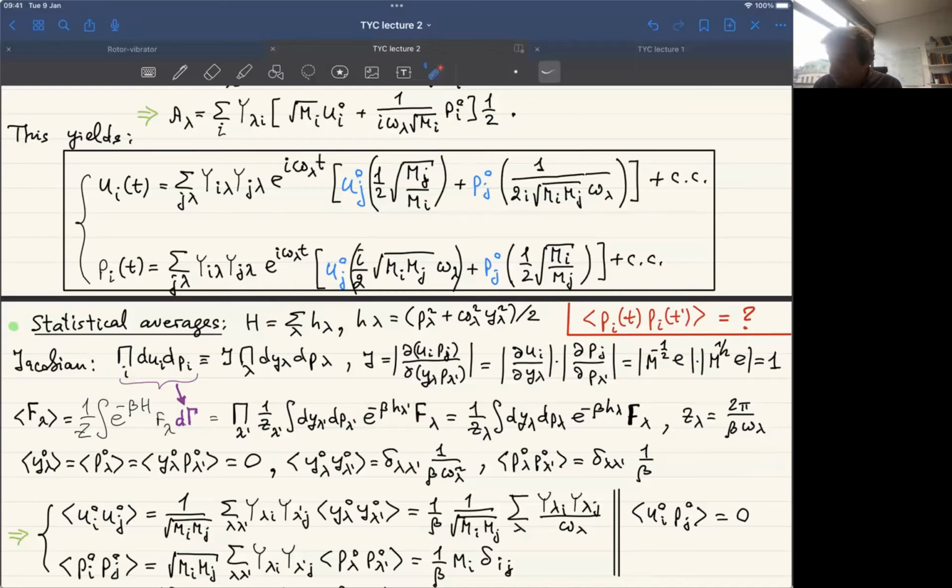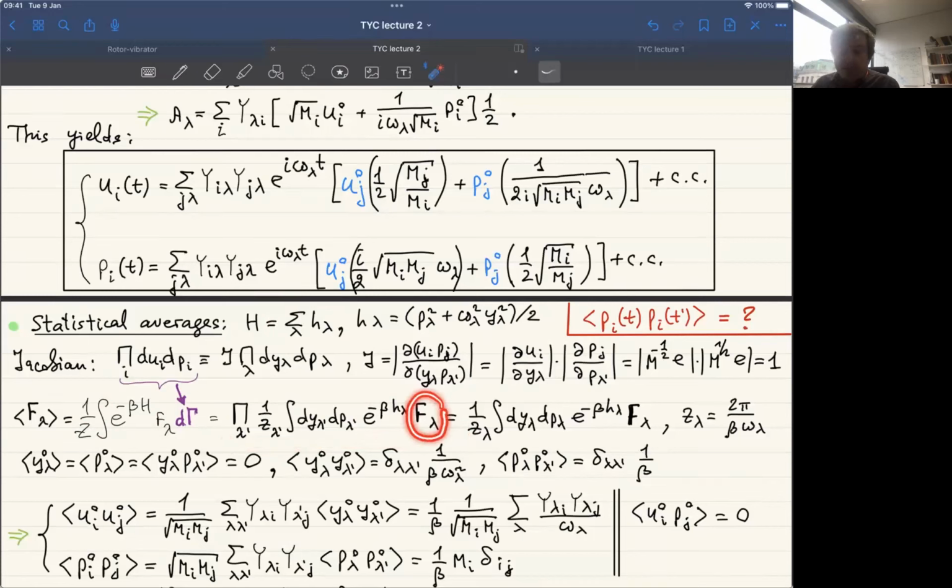The same can be said about the partition function. It will also be a product of partition functions. So in these new variables of normal modes, we arrive at this.